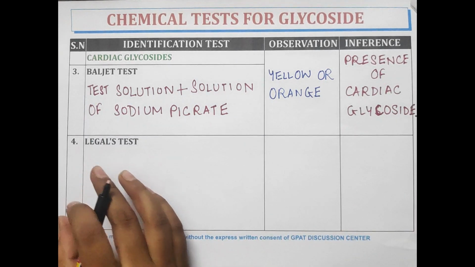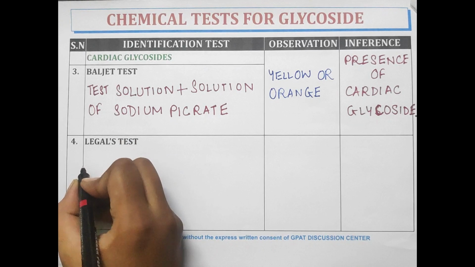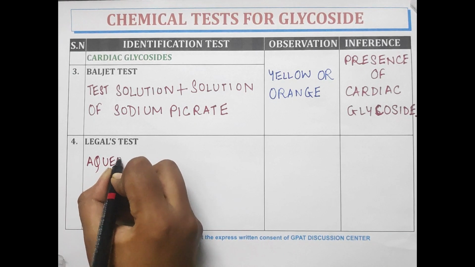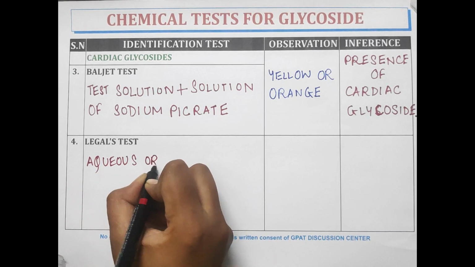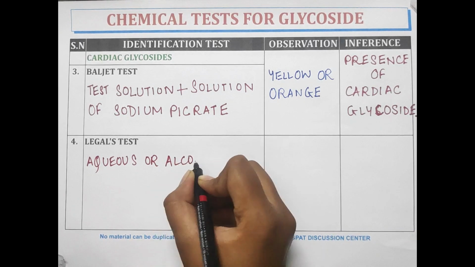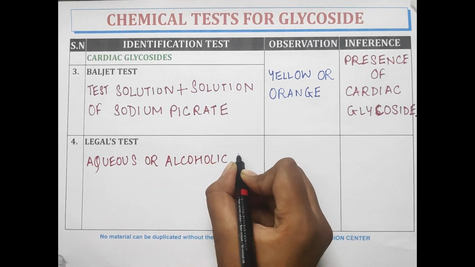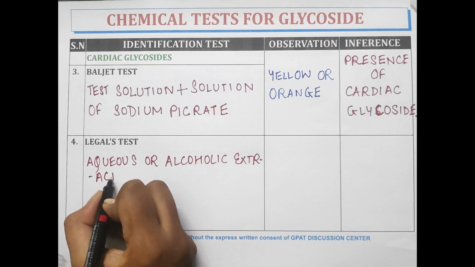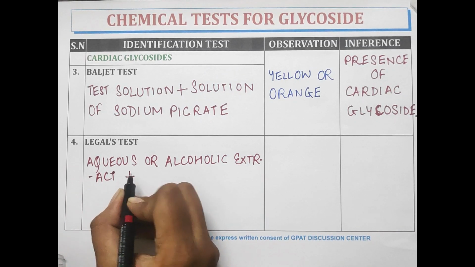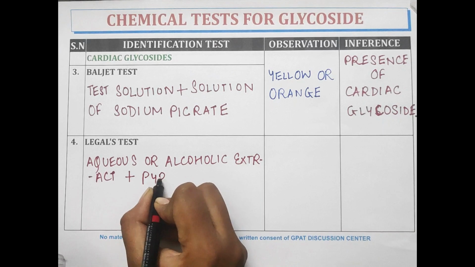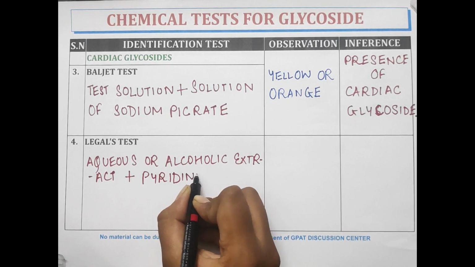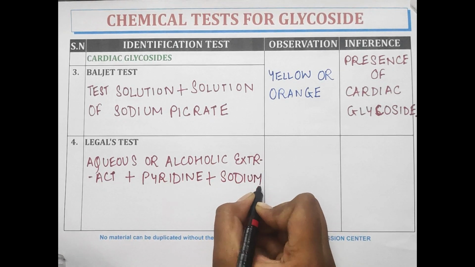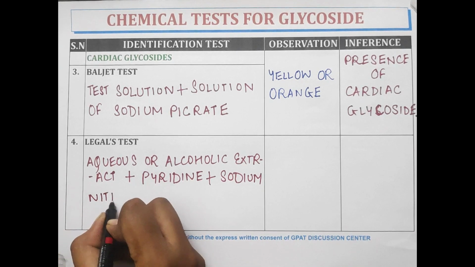Another test is Legal test. In Legal test, aqueous or alcoholic extract of the drug is mixed with pyridine and sodium nitroprusside.